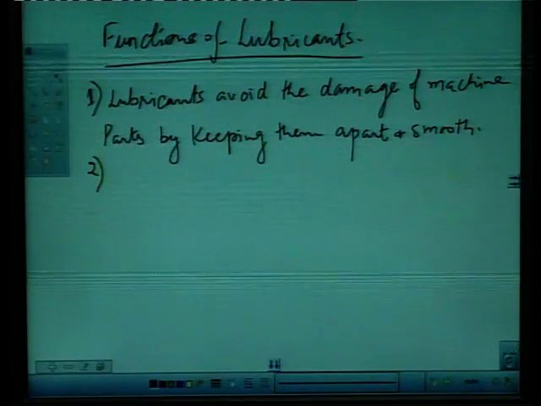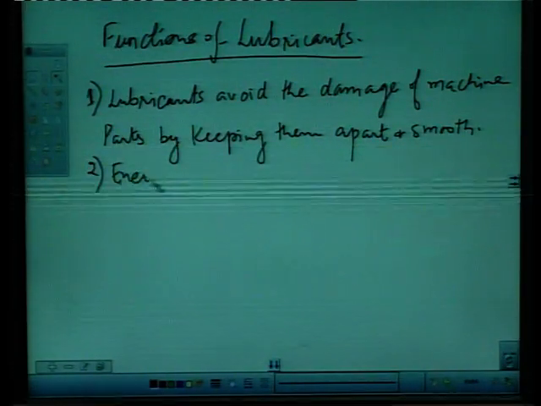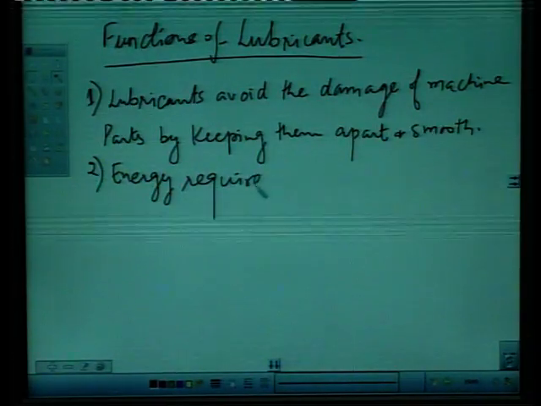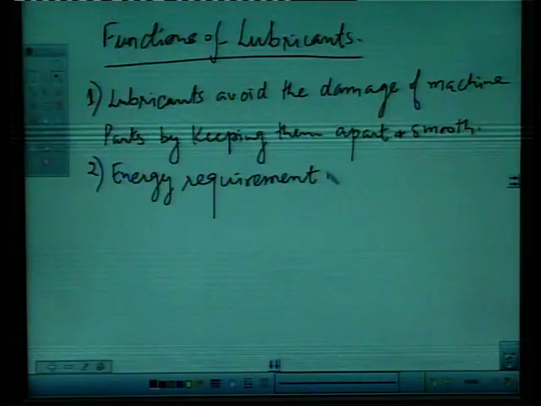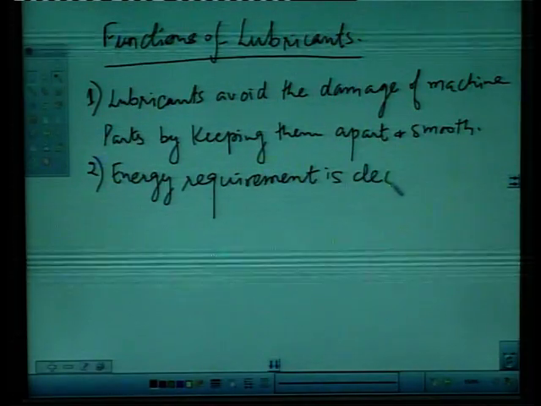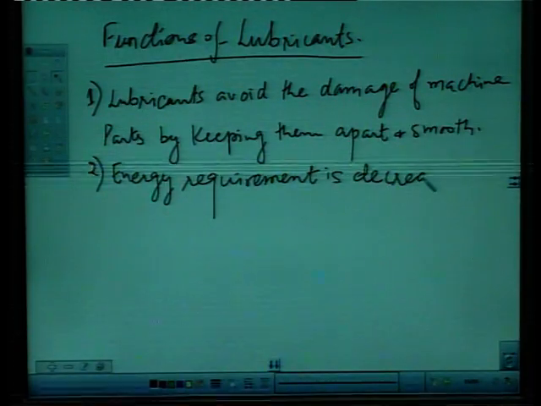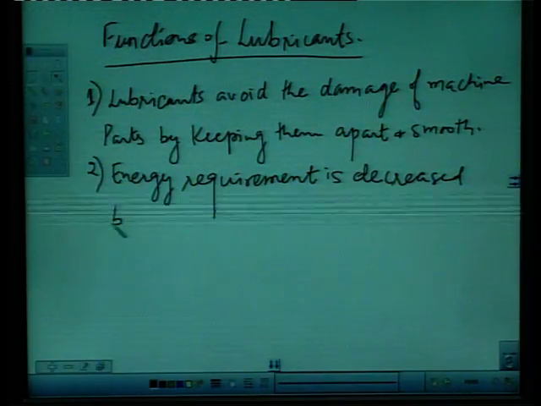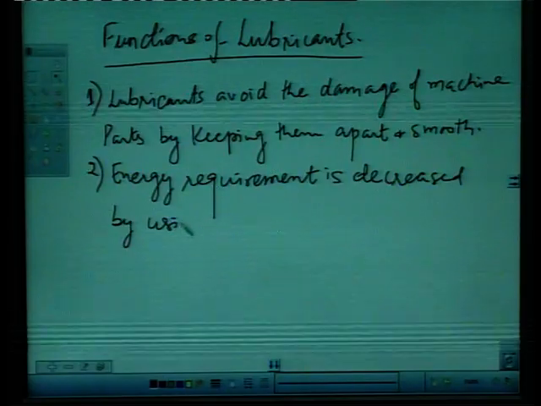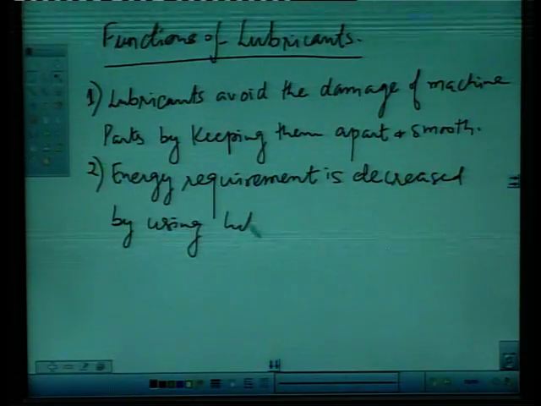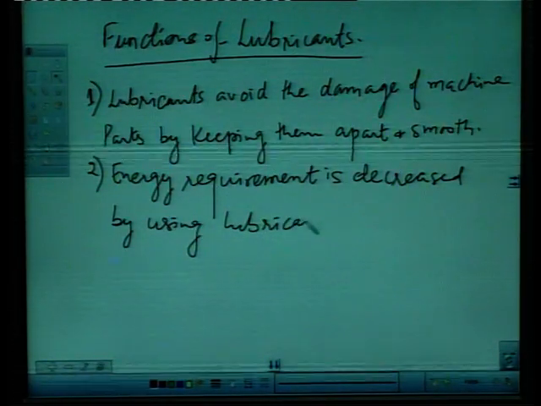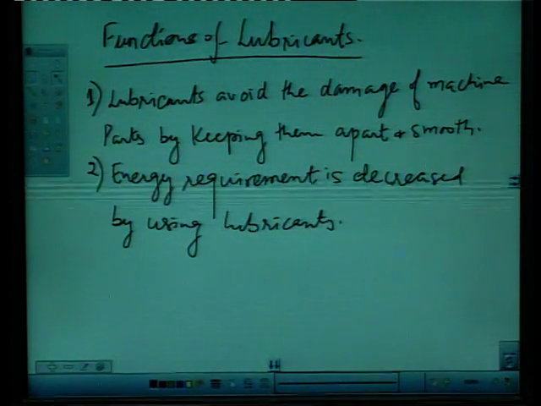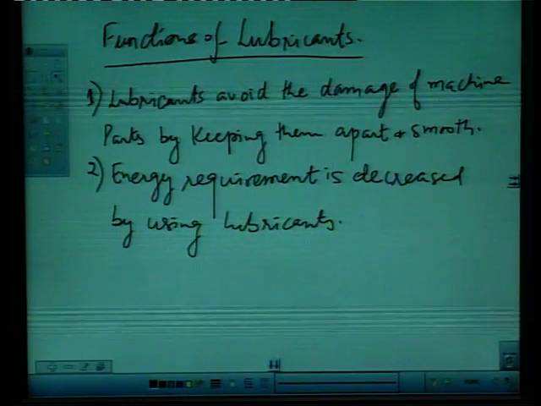So, energy requirement is decreased by using lubricant, as much energy is needed when there is more friction.